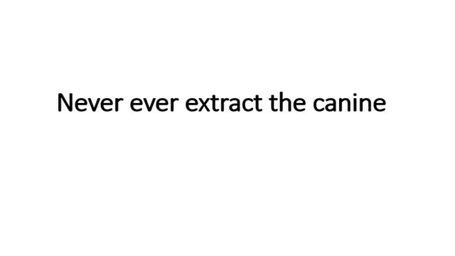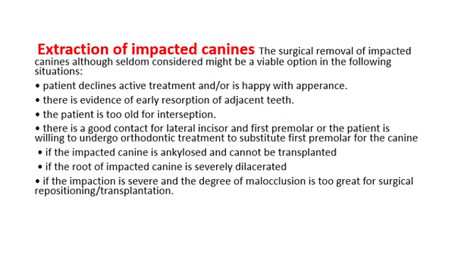The law in orthodontics, which is never ever extract the canine, is not always true. So we can extract the canine in cases when the patient declines the active treatment and is happy with the appearance.